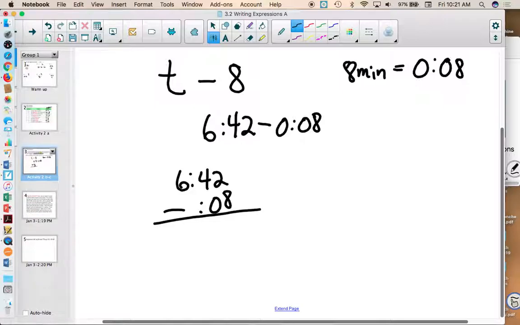I'll leave it alone for right now. Can I take 8 minutes, though, away from 2 minutes? No. So I got to move this to a 3. I got to regroup, right? So 12 minutes minus 8 is 4. And I'm just bringing it down.